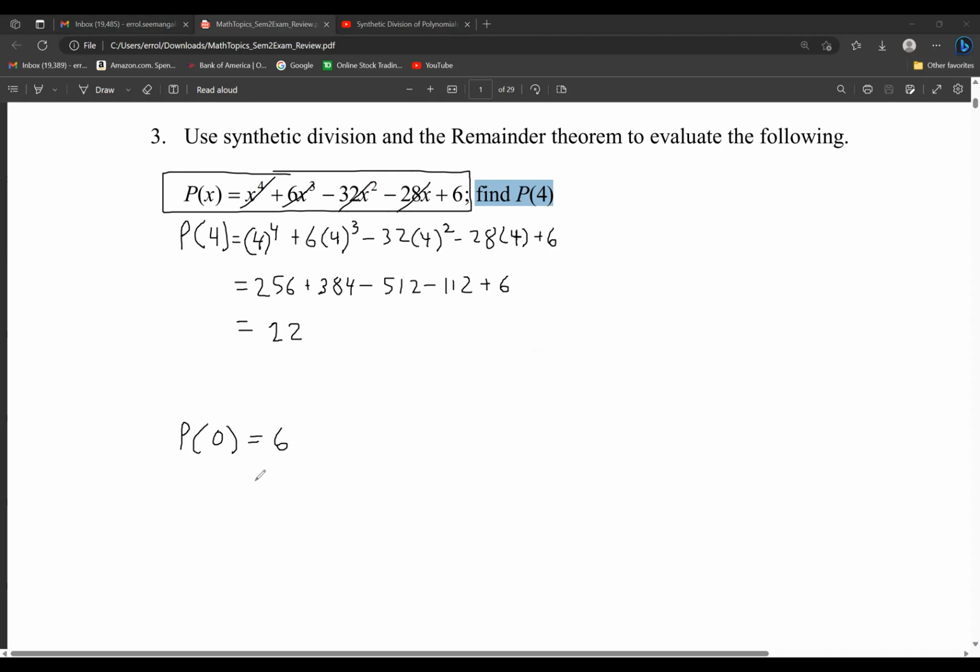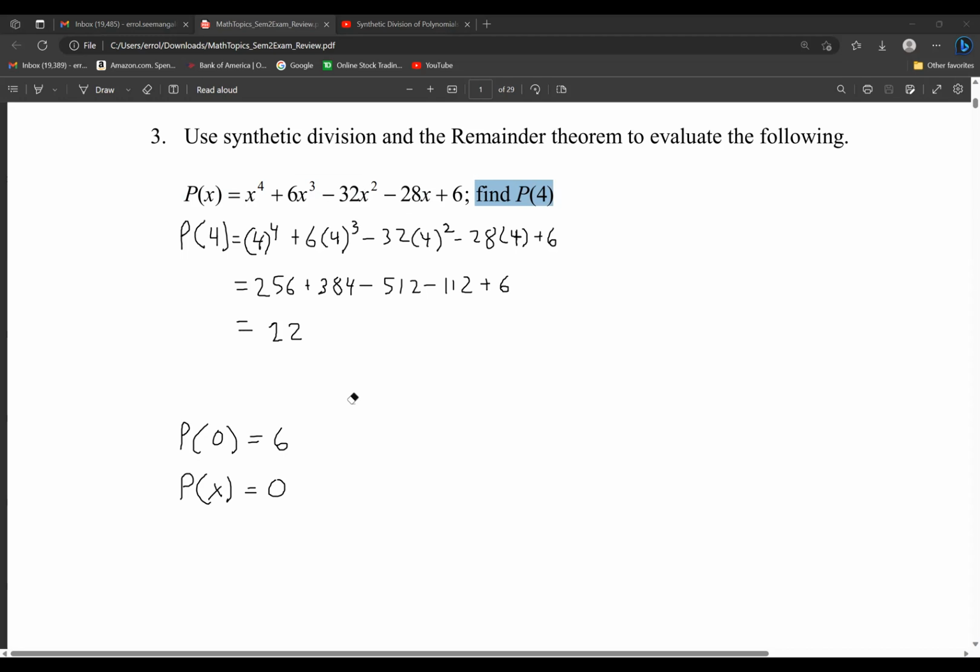What we were trying to find is when P of x equals 0. When would that whole thing equal 0? That's what we want to find, and then that's the number we put on the front.